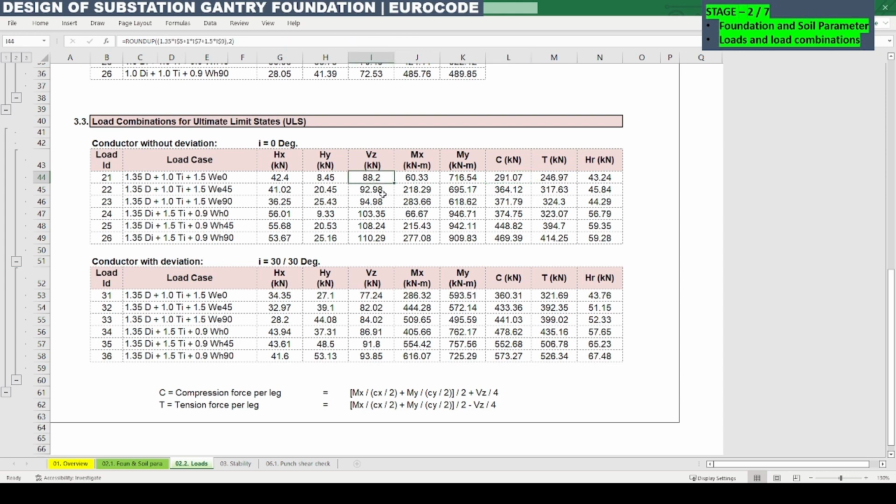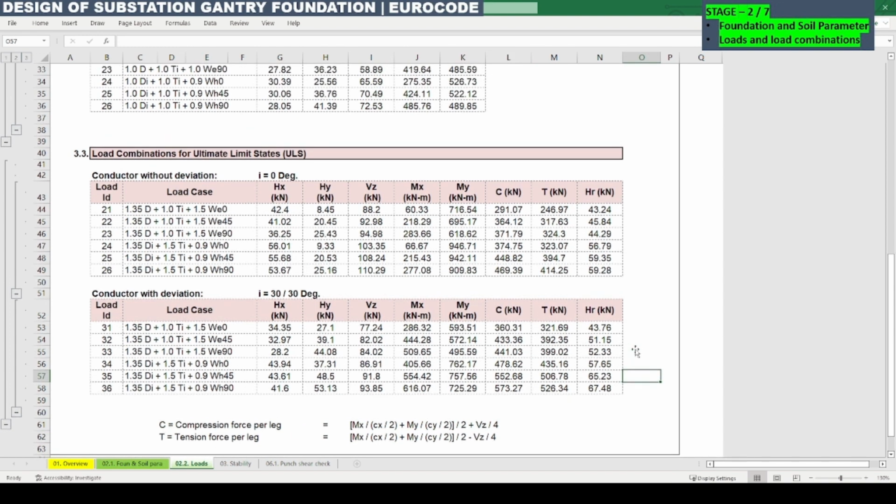V is the vertical force that we divide by 4 legs, and adding this to the resultant forces arrived from the moment with the lever arm, we will get the compression. By deducting the vertical value divided by 4 from the moment divided by the lever arm distance, we will get the tension.